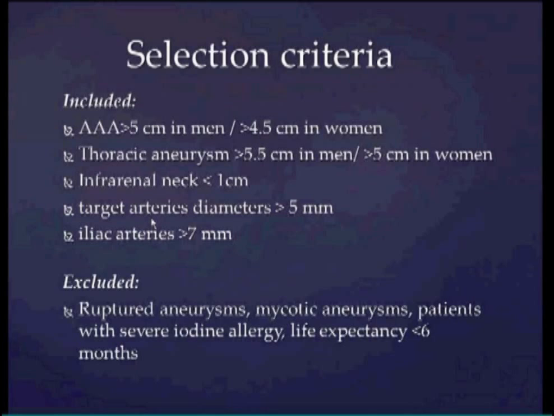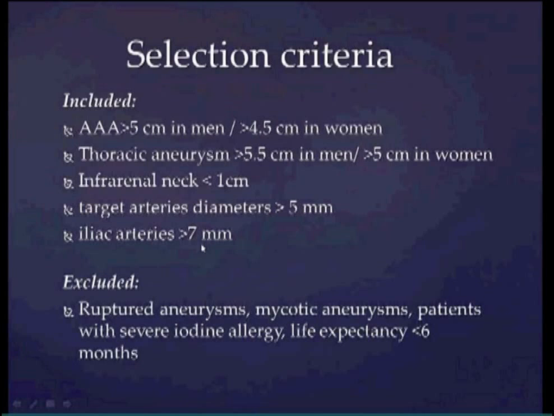The target arteries meaning those like renal arteries or SMA or celiac, and iliac arteries of greater than 7 millimeters. They excluded the ruptured aneurysms, the myocardic aneurysms, and importantly, they excluded the patients who had life expectancies of less than 6 months.